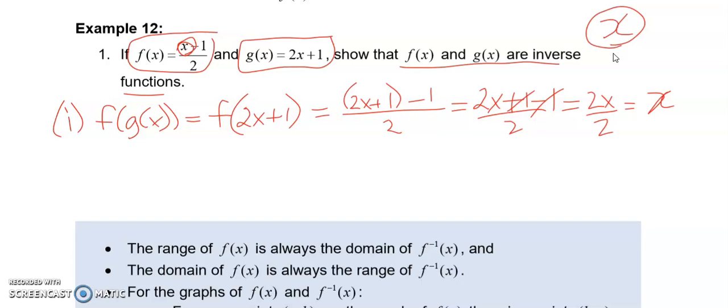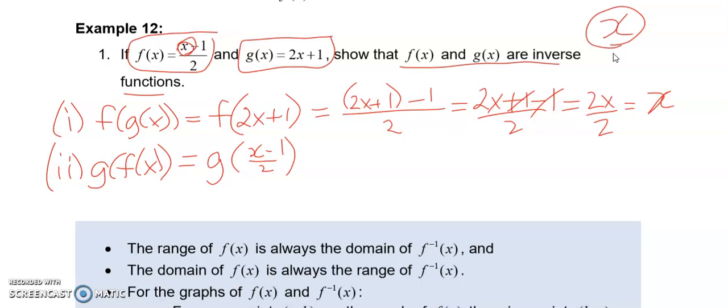Perfect. You're halfway there. The second step to this test would be to work out g of f of x. All right. So in that case now, you're working out g of, and f of x is x minus 1 over 2. So you're going to put that f into the function g right here. So here's what you've got. 2, and then a big set of brackets with x minus 1 over 2 in there, and then plus 1.